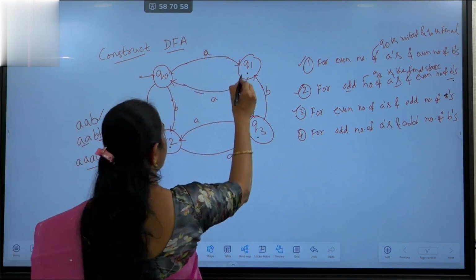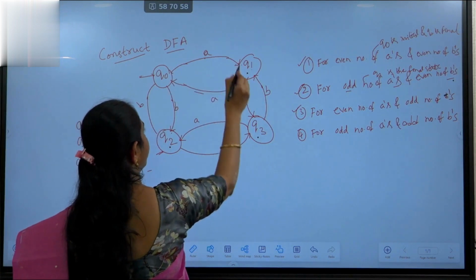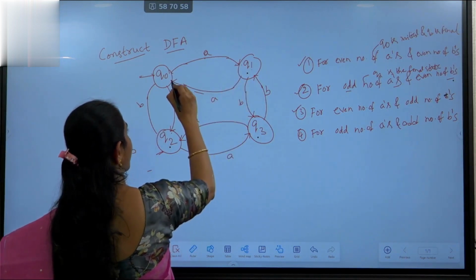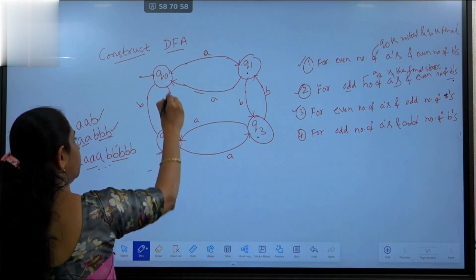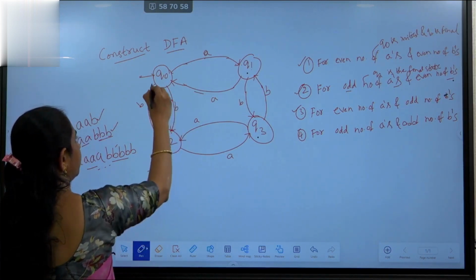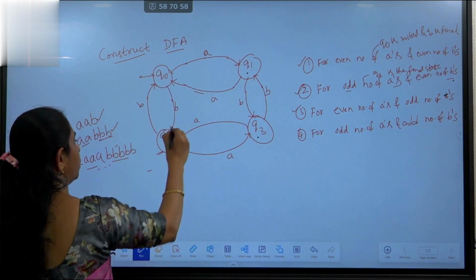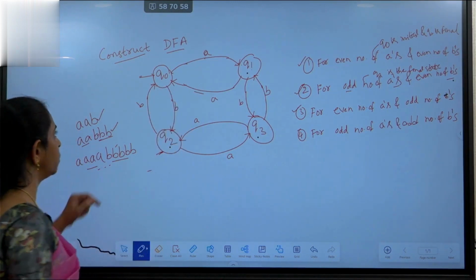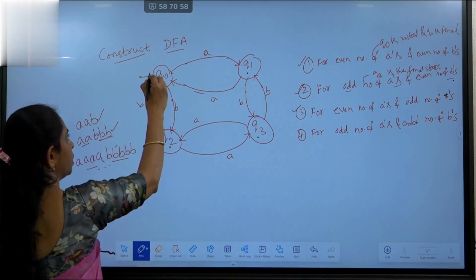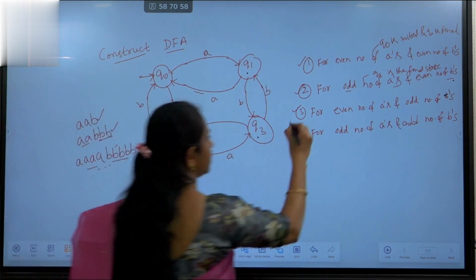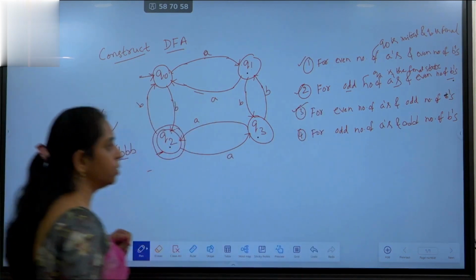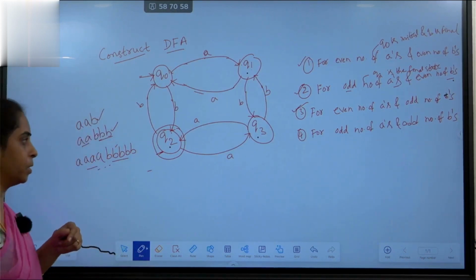First A, second A, third A and fourth A. With 4 A's we are at Q naught. And check 5 B's: 1, 2, 3, 4, 5. We are at Q2. That means whenever we start at Q naught as the initial state and Q2 is the final state, it satisfies even number of A's and odd number of B's.